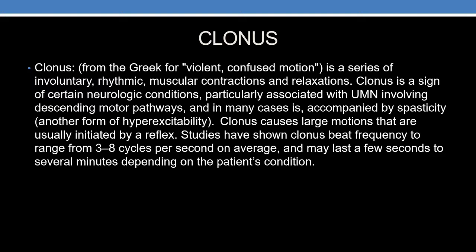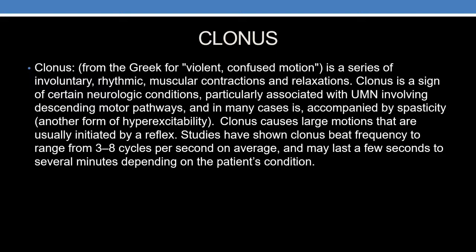And clonus is a sign of certain neurologic conditions, such as myelopathy, and other conditions associated with upper motor neuron lesions that affect descending motor pathways. And in many cases, you're going to see that clonus is accompanied by muscle spasticity, which is just another physical exam finding for hyperexcitability of the muscles.